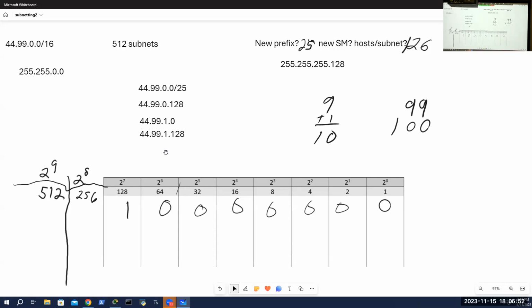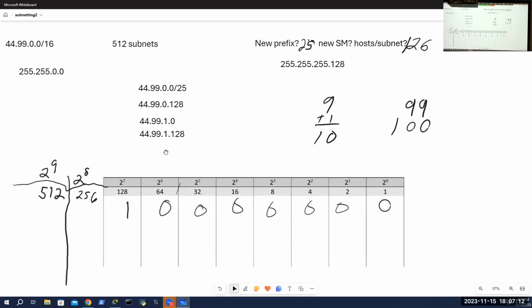But again, I wouldn't do the mental gymnastics. Just look at it: we changed the third and fourth octet, and so our last subnet is going to reflect that. It's going to look just like the third and fourth octet of the subnet mask.